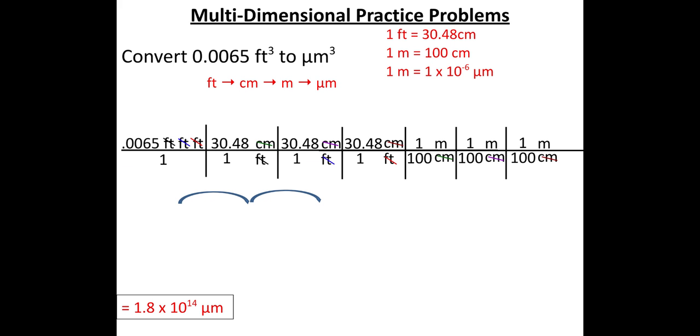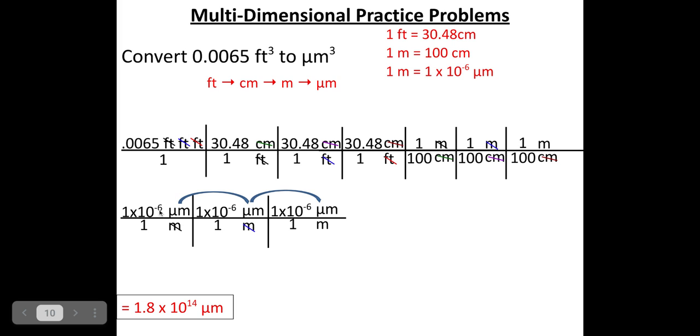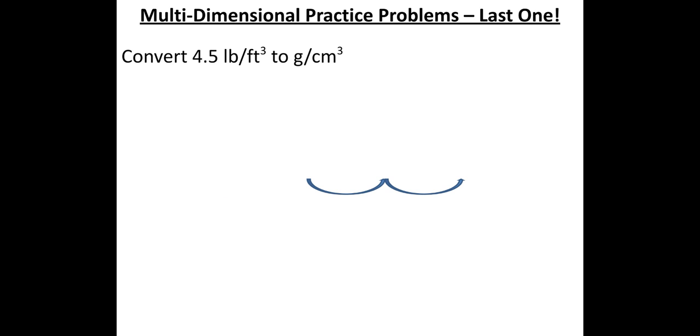Okay. So I bring that in, right? 1 meter, I bring that in. Again, make sure you correct this. It is not negative 6, it is 6. Okay. So if you do that, it's going to give you 1.84 times 10 to the 40.